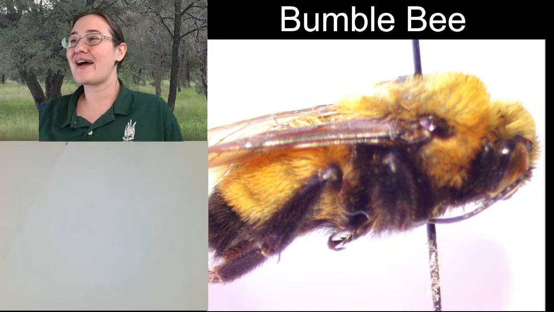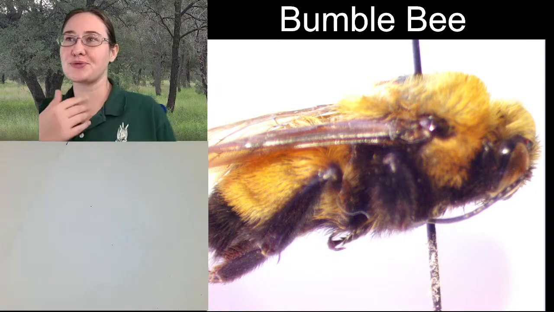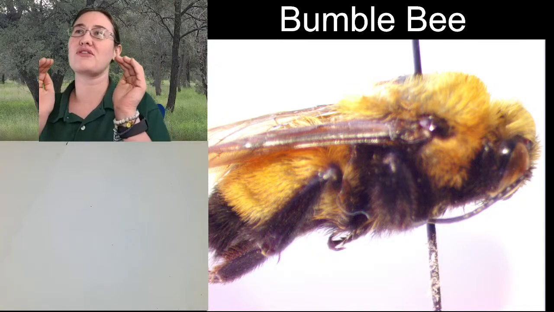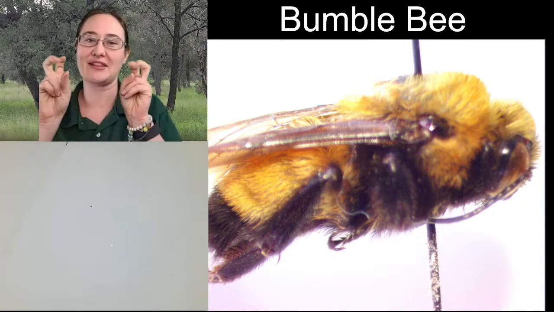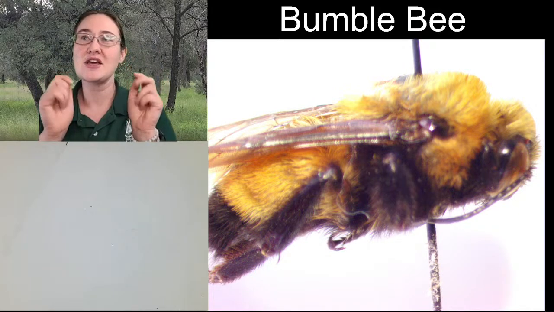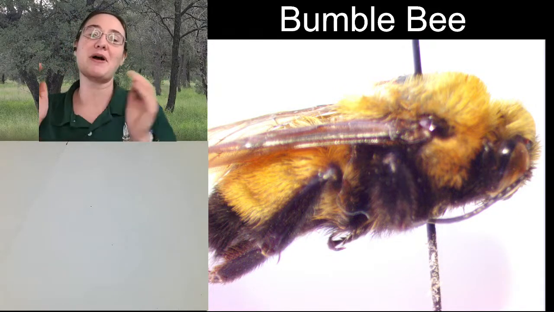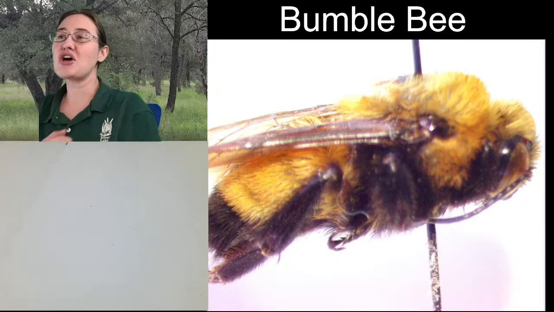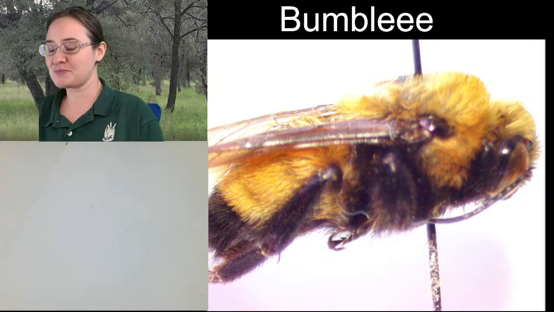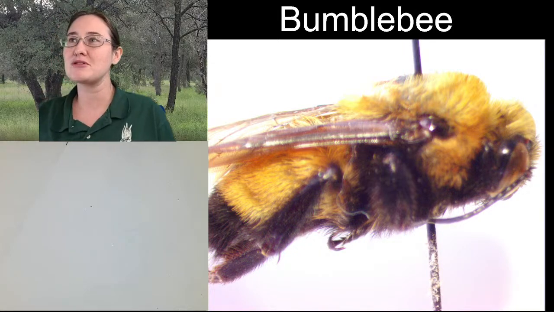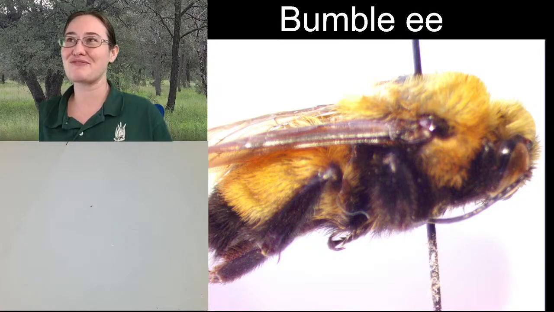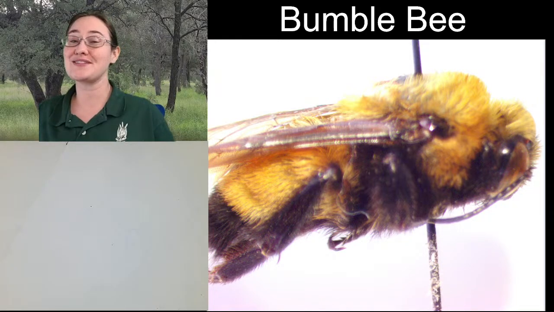Now, we've talked about the rules for naming insects. If the word is together, that means it's kind of lying to you. Dragonflies are not a true fly, just like butterflies aren't a true fly, because the words are together. Regularly, people write bumblebee as one word, but I prefer to separate the words because bumblebees are a true bee.